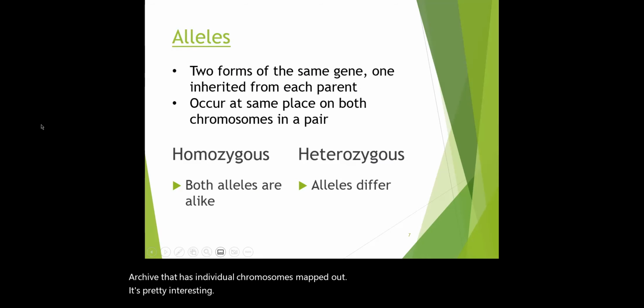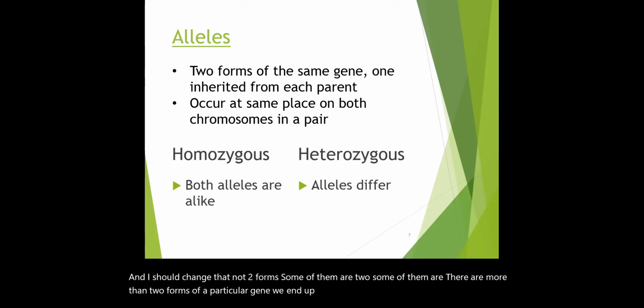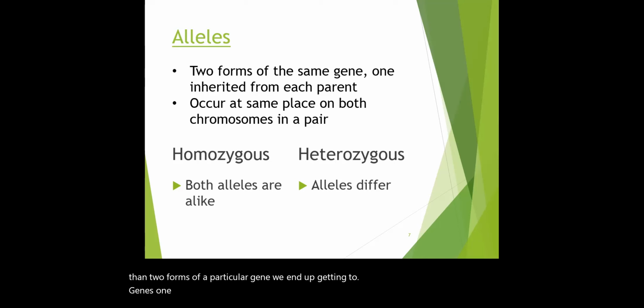Allele. So for our genes, we have different forms. And I should change that, not 2 forms. Some of them are 2, some of them, there are more than 2 forms of a particular gene. We end up getting 2 genes, one inherited from each parent.